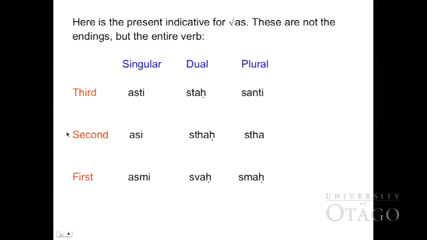So this is another verb, as, and we often use this verb together with bhu. Sometimes we can use either one instead of as and bhu. We can use either one, it is correct, not different.